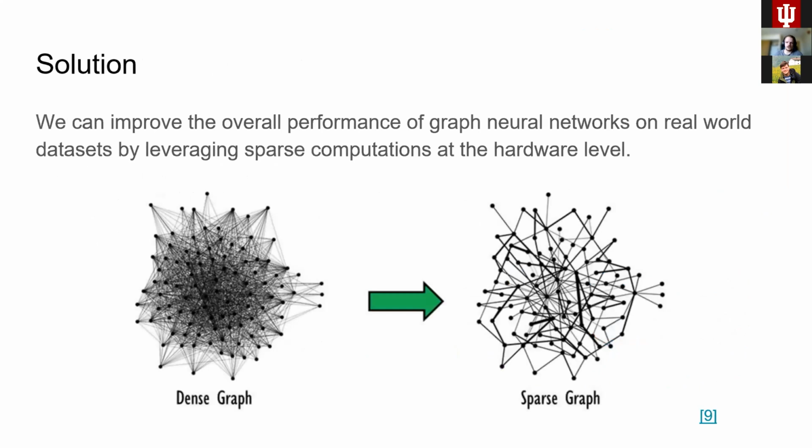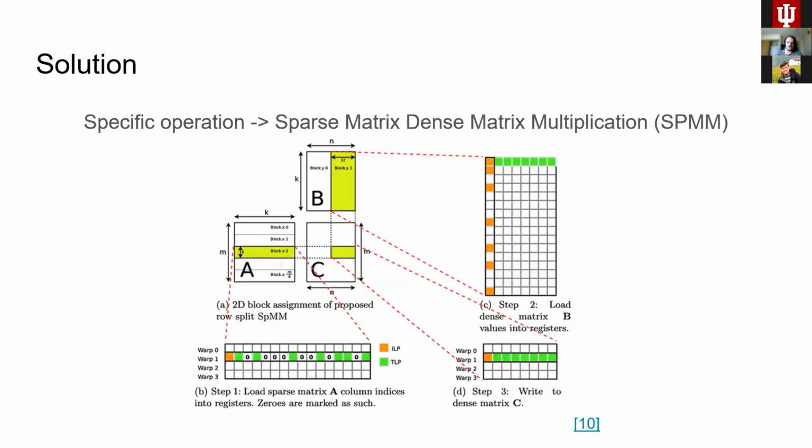So the solution here that we're trying to aim for is that we can improve the performance of graph neural networks on real world data sets, that being sparse data sets, by using sparse computations at the hardware level. The specific operation that I'm hoping to implement at the hardware level for this optimization is called SPMM, or sparse matrix dense matrix multiplication.